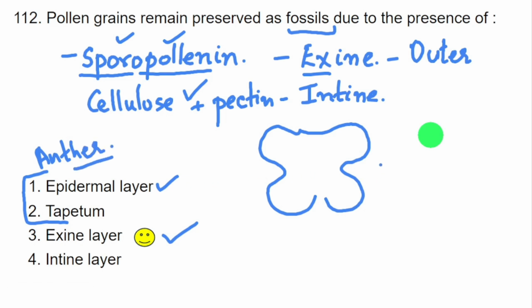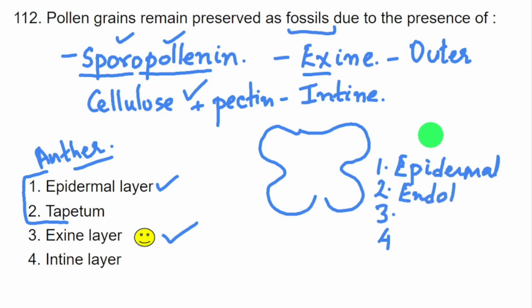If we go from outside to inside, I will number them. So the outer layer is the epidermal layer. Then the layer next to the epidermis is endothecium.